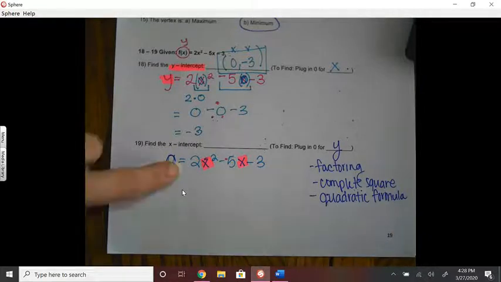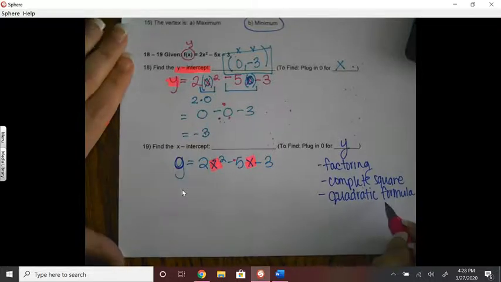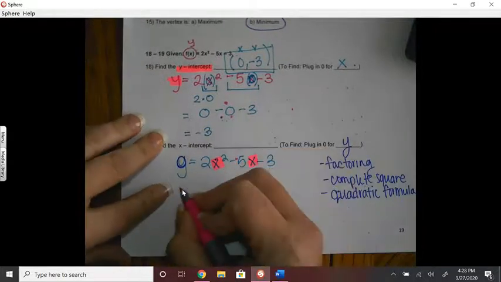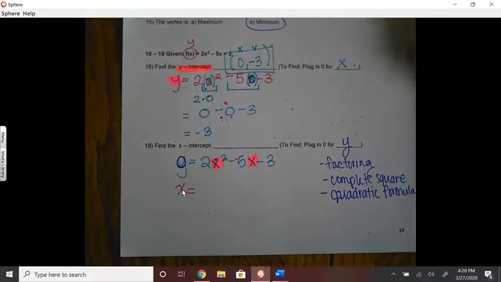So I'm going to go ahead and use the quadratic formula. To use the quadratic formula to find out what x is in this problem, it's negative b plus or minus the square root of b squared minus 4ac, all over 2a.